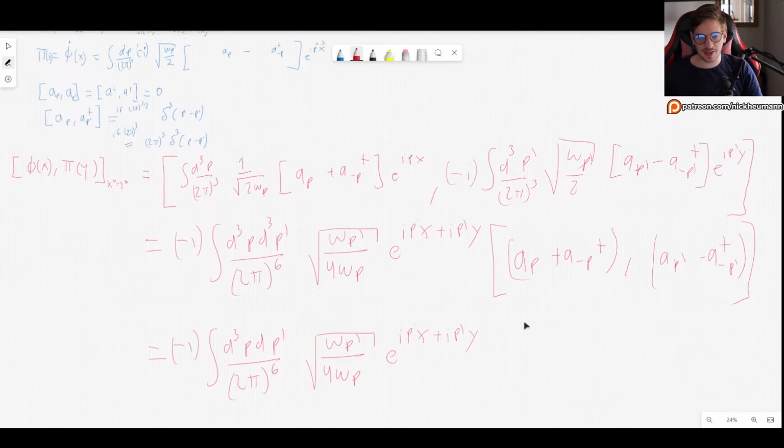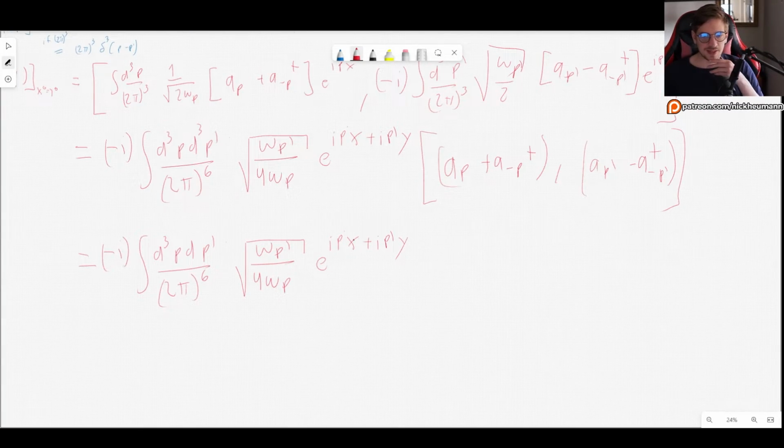Okay, and now let's just expand this commutator using properties of the commutator. So we can write this as the commutator of A_p, comma, A_{p'}, and then we have minus the commutator of A_p, comma, A_{-p'} dagger.